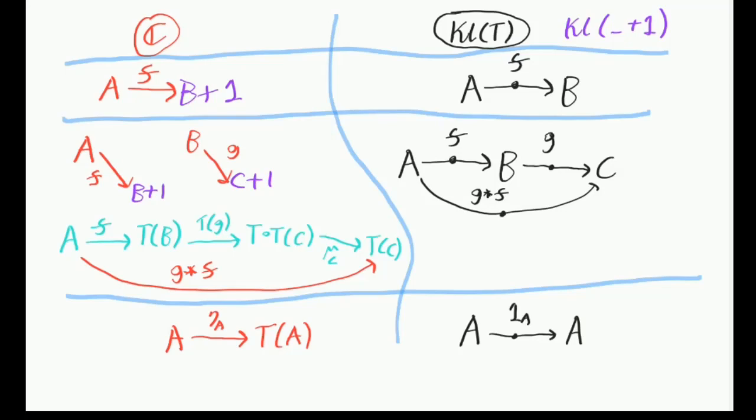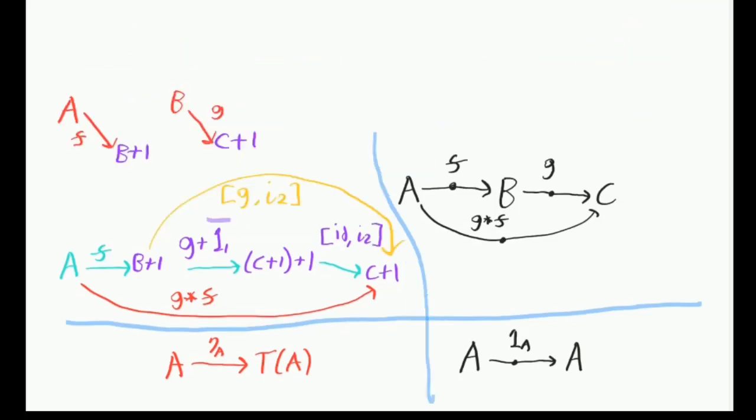Well, all we have to do is look at this diagram and interpret it for the particular monad that we're working with. So T of B is going to be B plus 1. T of G is going to be G plus the identity of 1. T of C is C plus 1 plus 1. And here we've got C plus 1. And this multiplication is going to be the identity co-paired with the second injection.